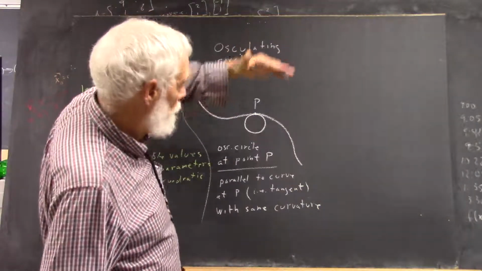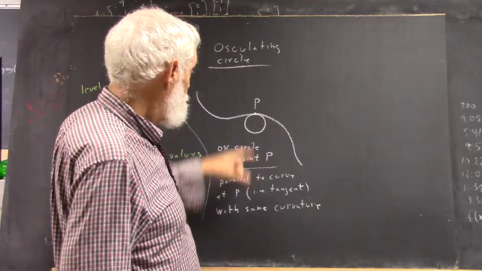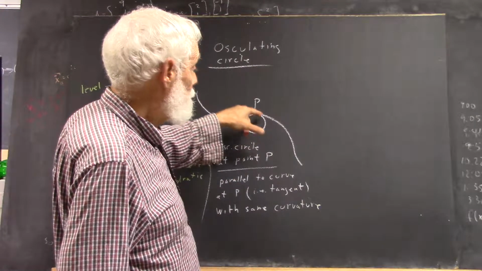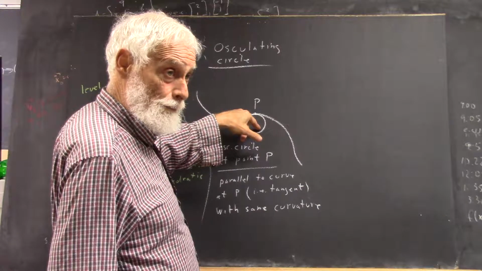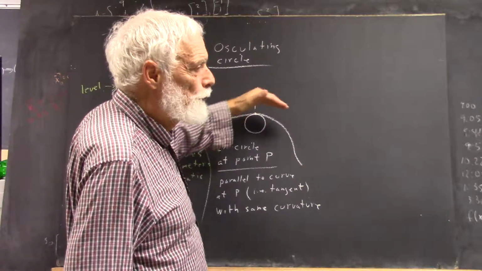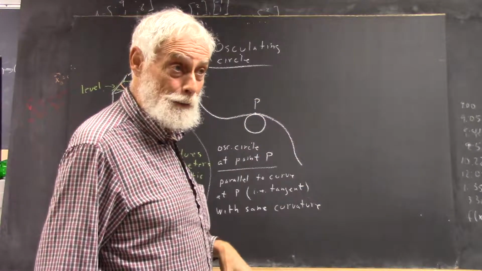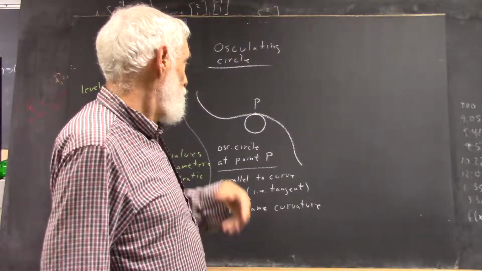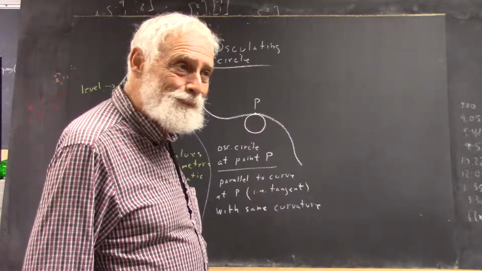This curve could be in 3 dimensions. So the osculating circle has to be in the same plane as the motion along the curve, which I'm saying in kind of a fuzzy manner, because we haven't defined the unit tangent, unit normal, and unit binormal.